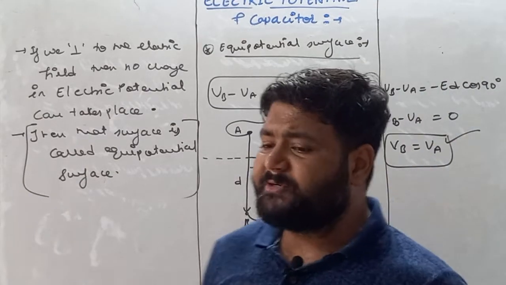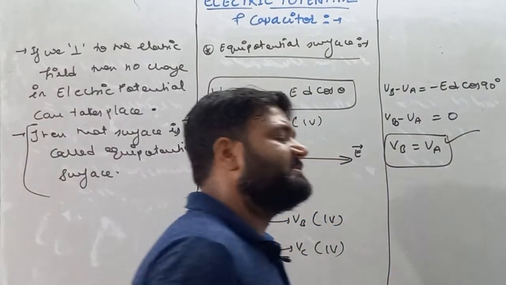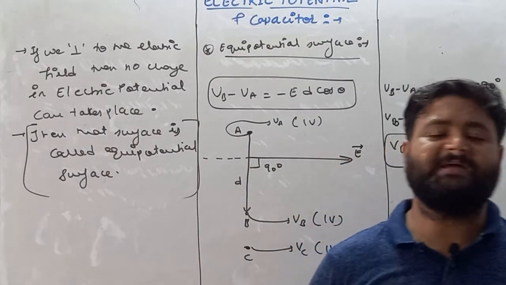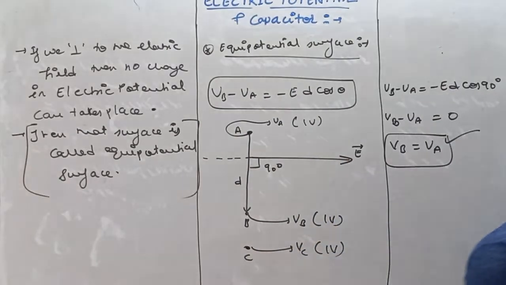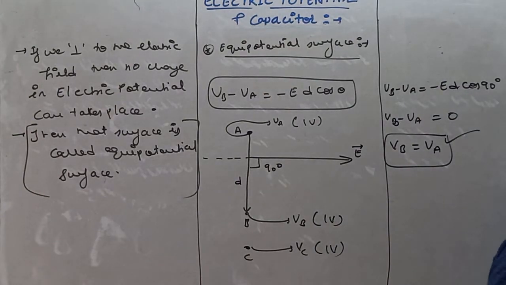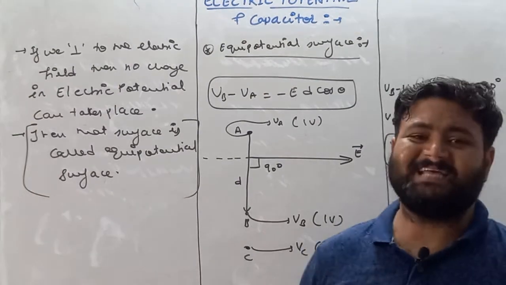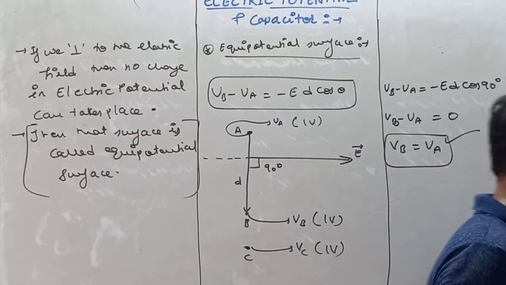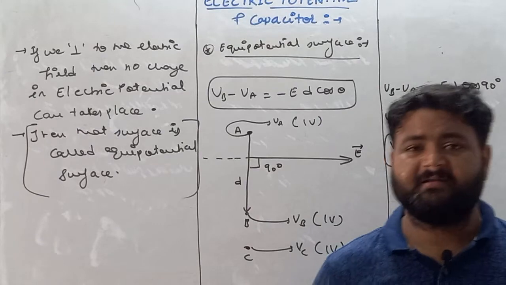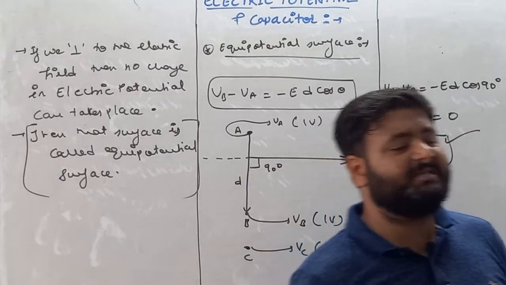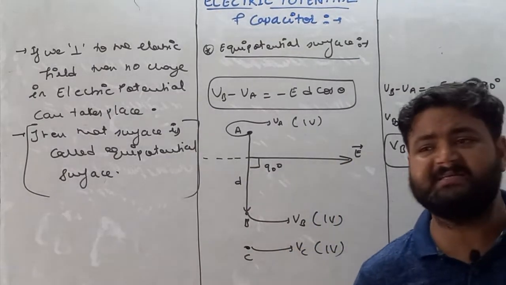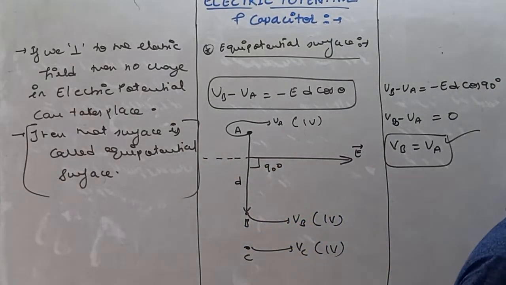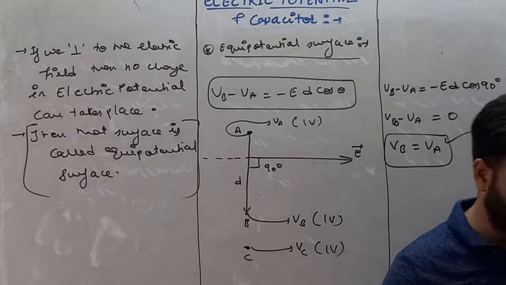An equipotential surface is such a surface where each point has the same potential. Equipotential surfaces are those surfaces where potential remains constant or remains the same.